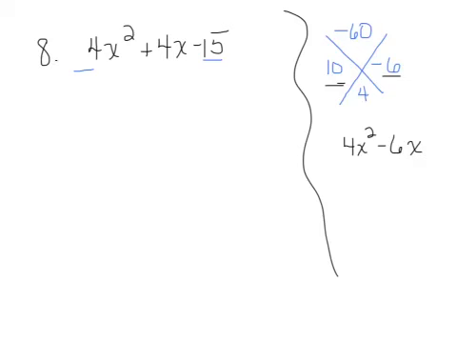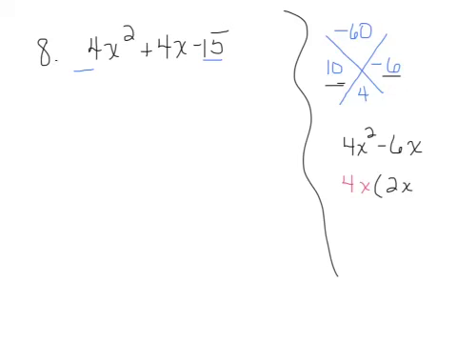And let's factor out what they have in common. They have a 4x in common. If they have a 4x in common, what will be left? Oh, they don't have a 4x in common, they have a 2x in common.